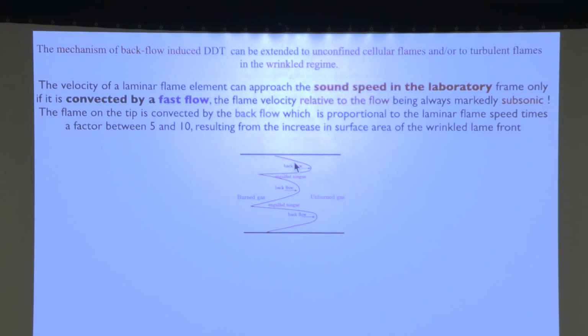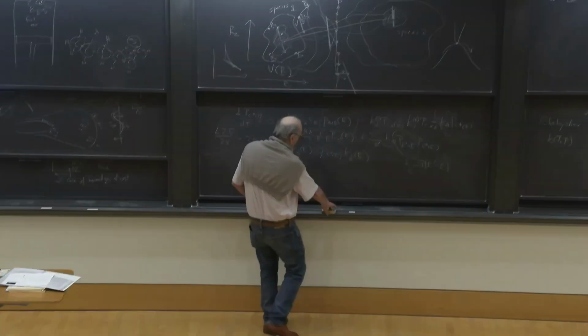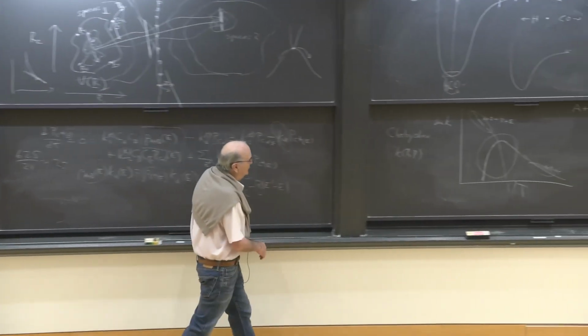So when you consider the total mass flux across this wrinkled structure, if you forget about some local modification of the laminar flame structure, it is simply the laminar flame mass flux multiplied by the ratio of the flame surface divided by the cross section of the tube. This is simply obtained by a conservation of mass.